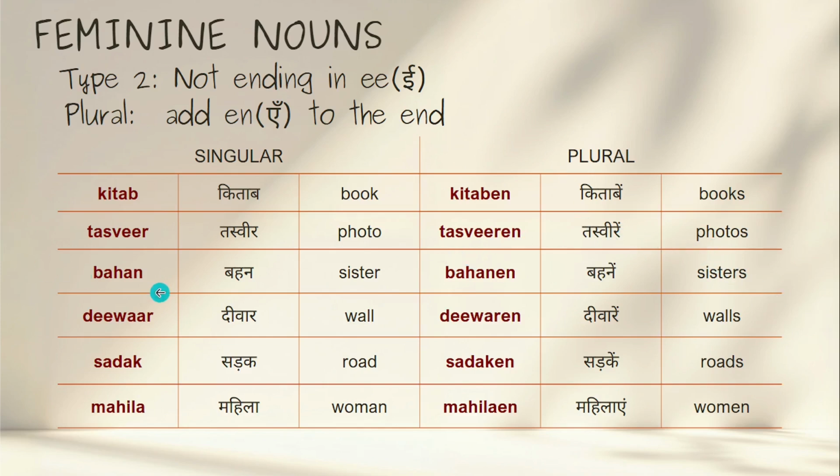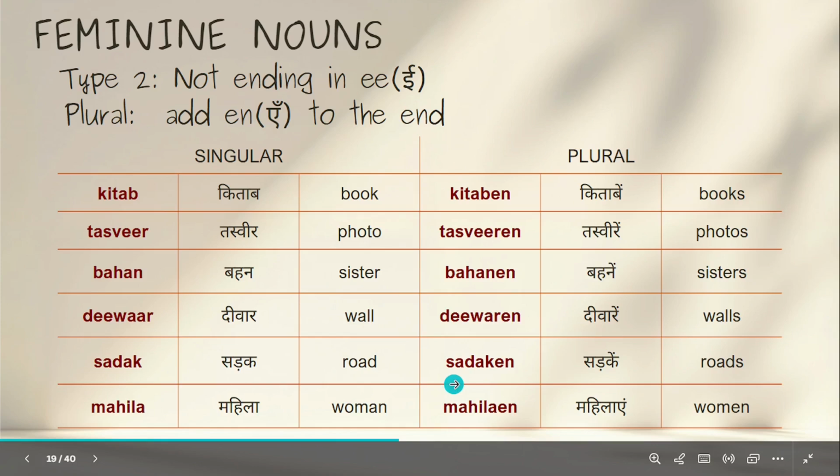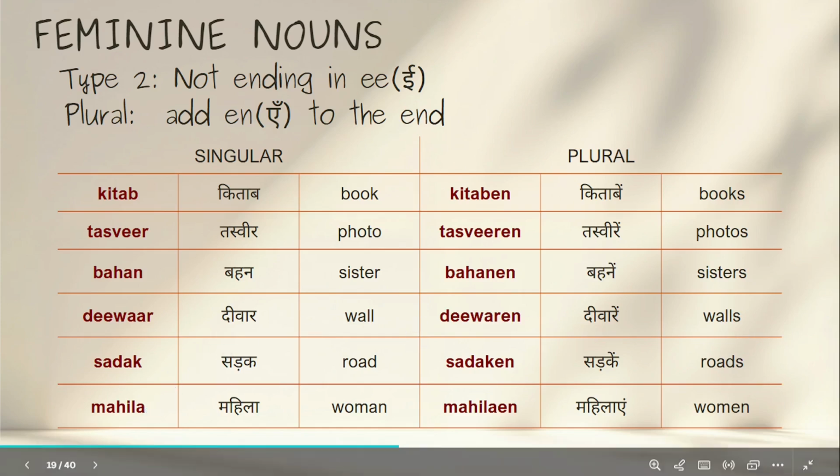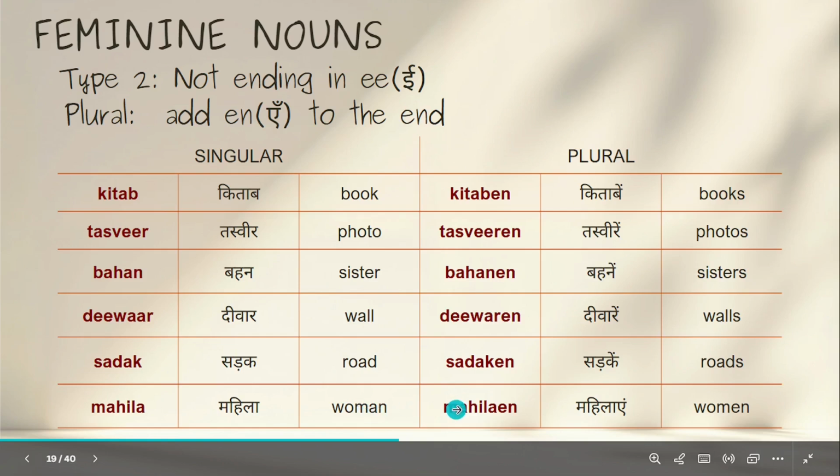Behan, sister. बहनें, sisters. दीवार, which is a wall. दीवारें, walls. सड़क, road. सड़कें is roads. महिला, a woman. महिलाएं, women.